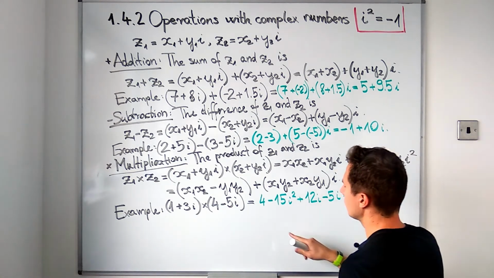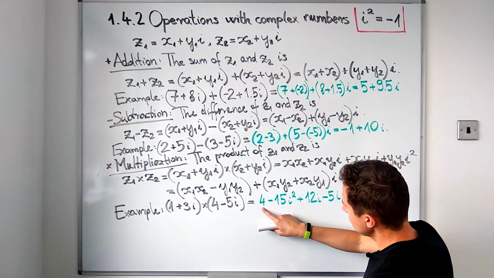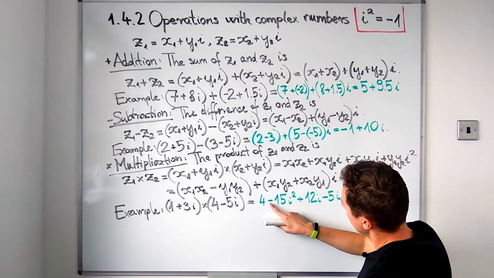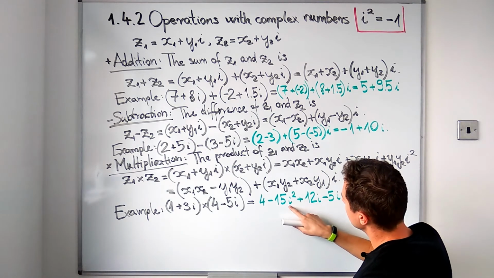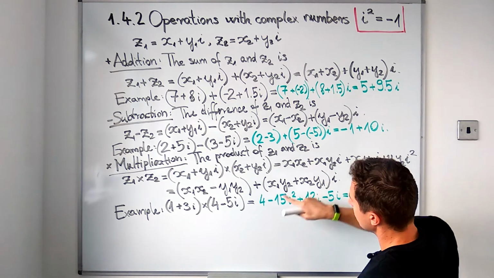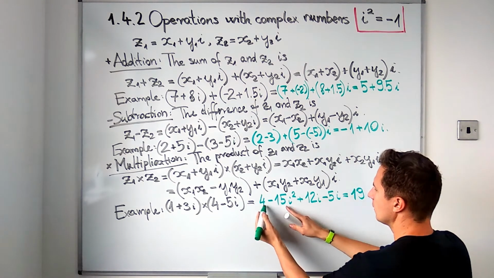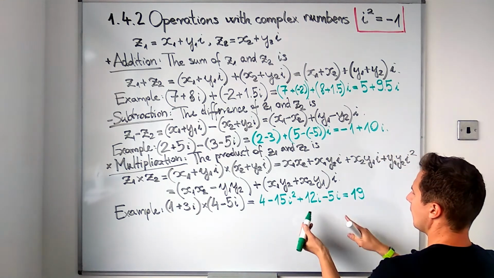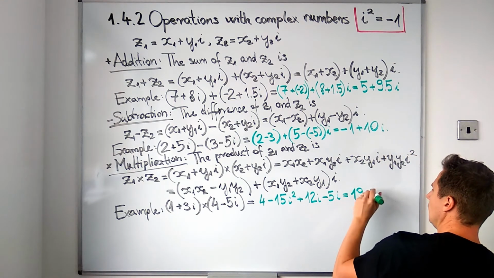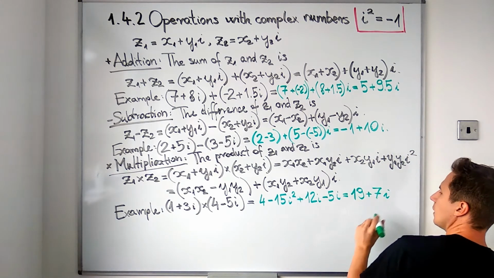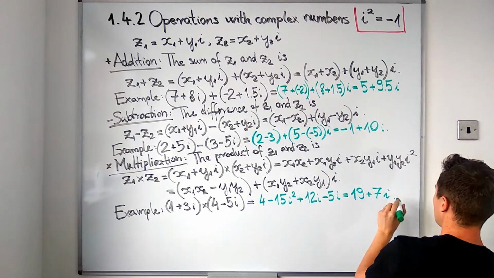So the answer is 4 minus 15 times i squared, which is -1, so that is plus 15, giving us 19. This is a sum, and then we'll have a total of 7i if we calculate that.